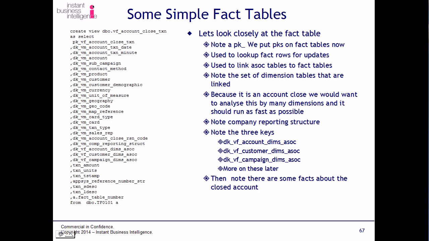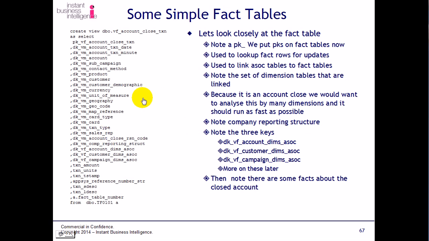Meanwhile, myself and my colleagues and business partners have busily been putting integer keys on fact tables for a decade, and they have a lot of great uses. We can look up fact rows for updates through our integer keys. We can link associations through the integer keys and things like that.